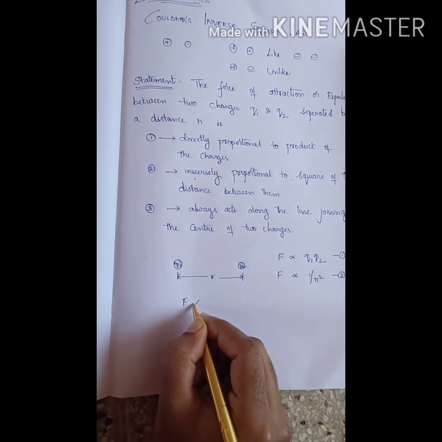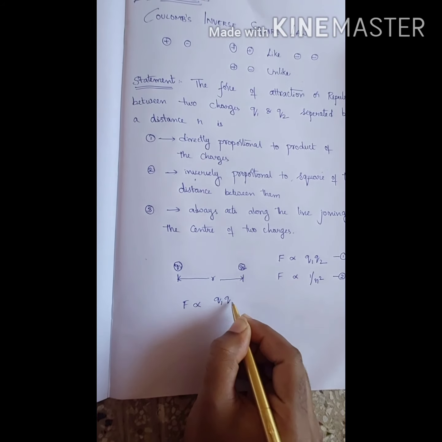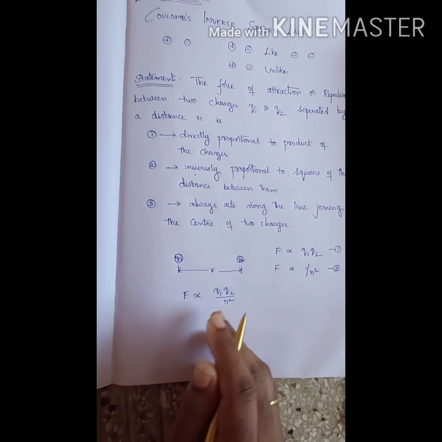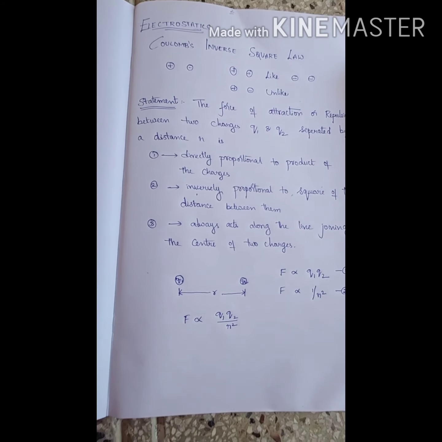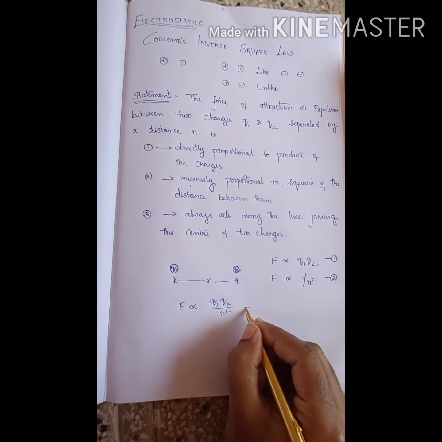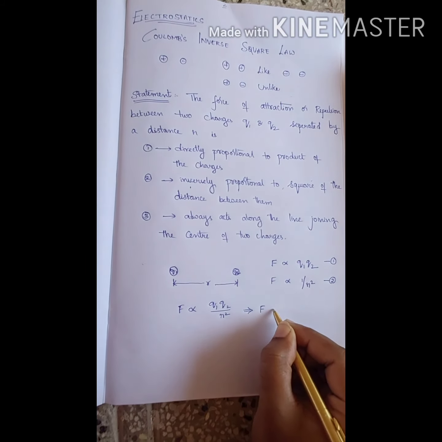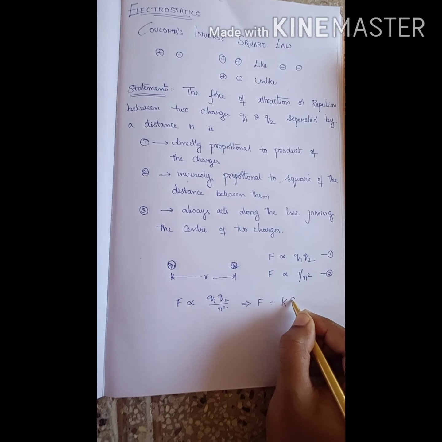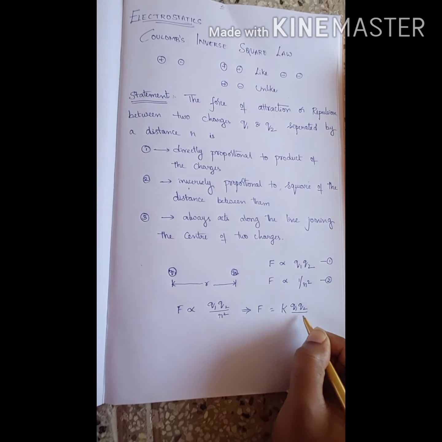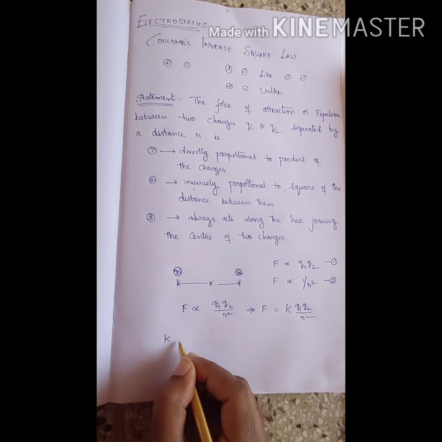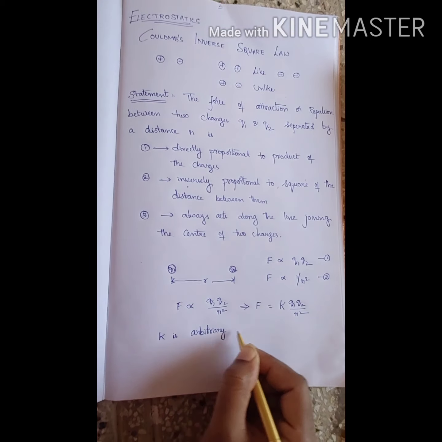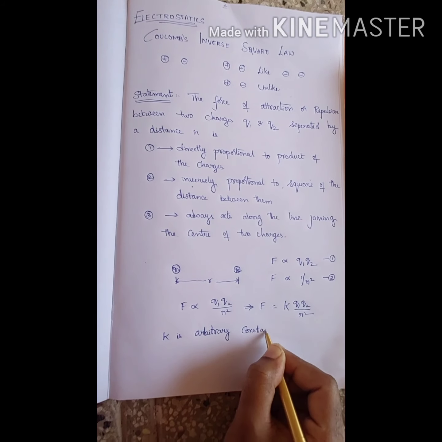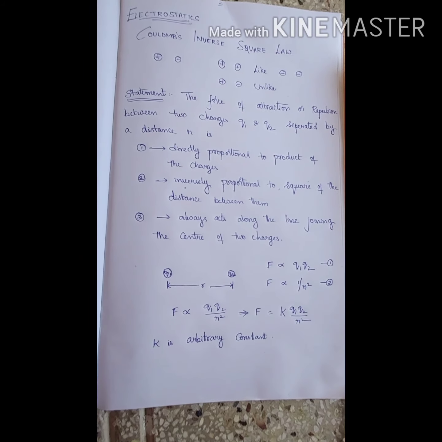F is directly proportional to Q1 Q2 by r square. In physics, if you want to remove the proportionality, we'll always keep a constant. So I'll keep a constant K: F = K Q1 Q2 by r square. Here K is an arbitrary constant, and its value will change depending on the medium.